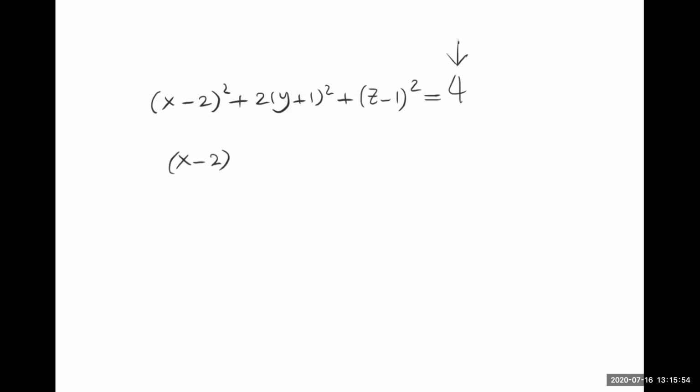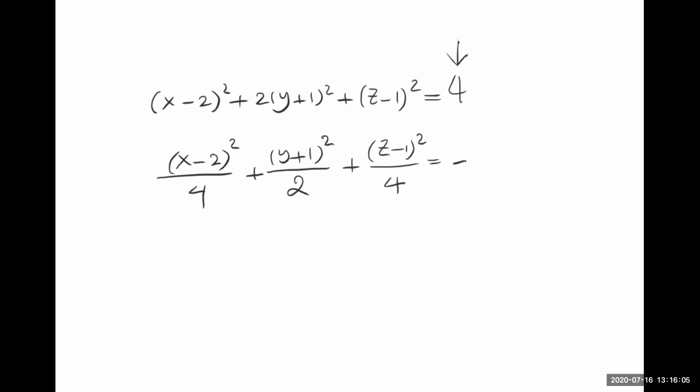I would get x minus 2 squared plus 2 times y plus 1 squared plus z minus 1 squared equals 4. Now, I usually like to have 1 on the right-hand side, so I can divide everything by 4. It would give me x minus 2 squared over 4 plus y plus 1 squared over 2 plus z minus 1 squared over 4 equals 1.